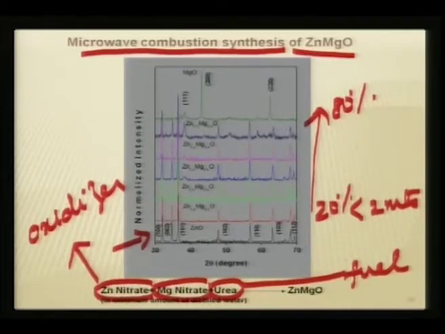If you observe this range, there is no peak characteristic of zinc magnesium oxide coming, but as you dope more and more of magnesium, you can see preferentially the 1 peak of magnesium oxide is propping up in these phases, and this is because magnesium oxide is not able to get substituted.